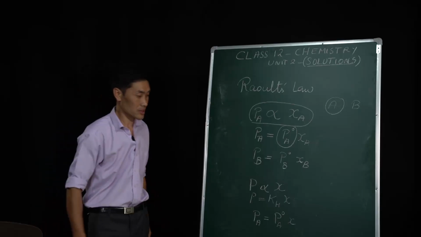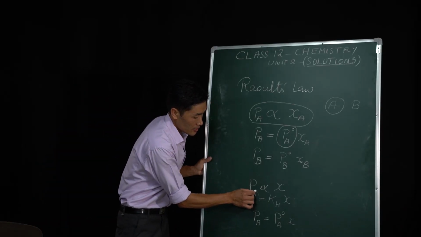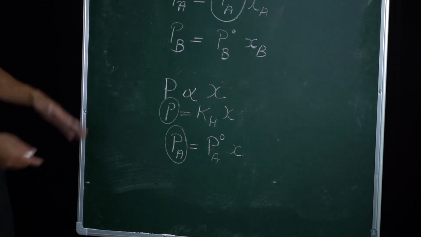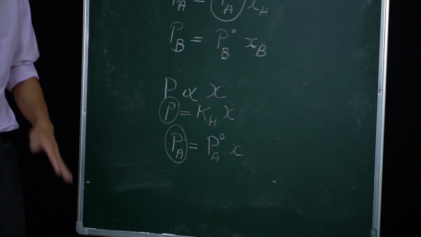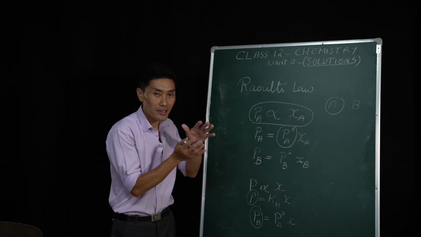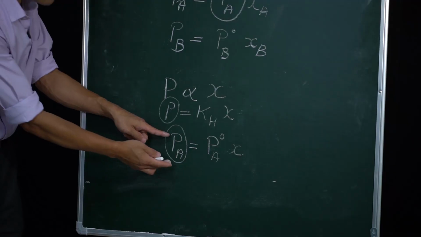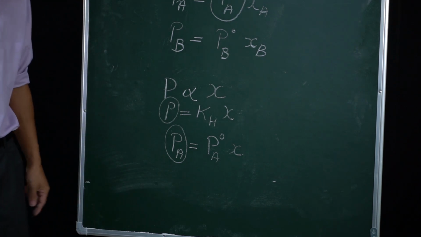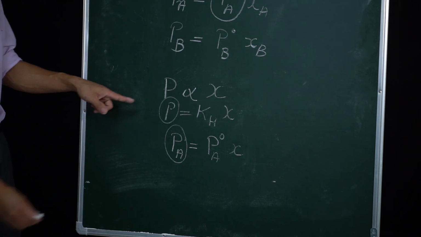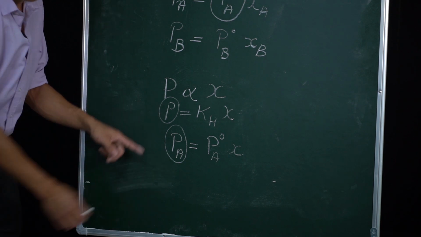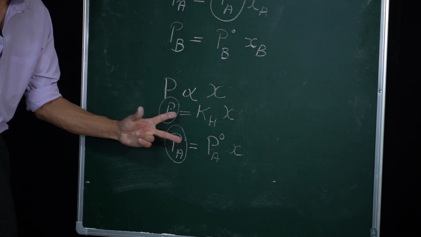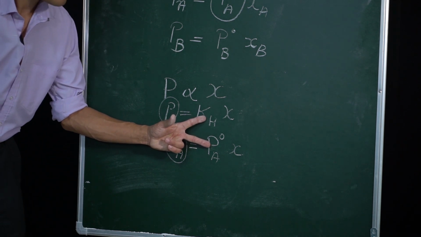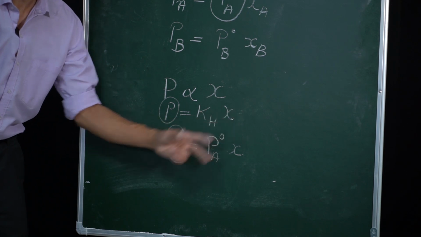Now, in both cases, we have pressures of volatile components. A gas will be a volatile component because it's in the vapor phase. In Raoult's law also, we are considering the partial pressures of volatile components only. So these are partial pressures of volatile components, and these are equal to certain constants multiplied by the mole fractions of the components.